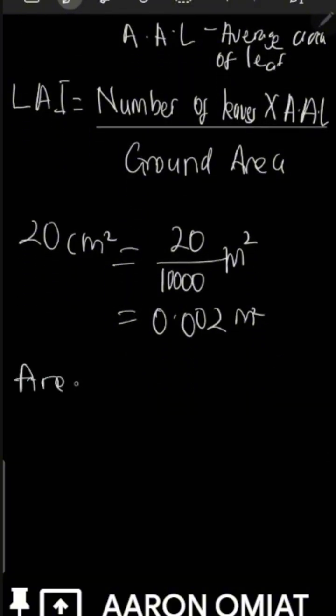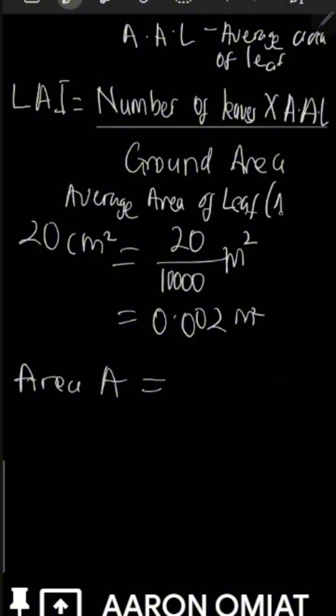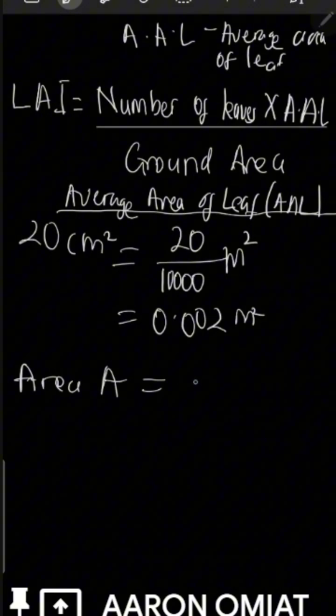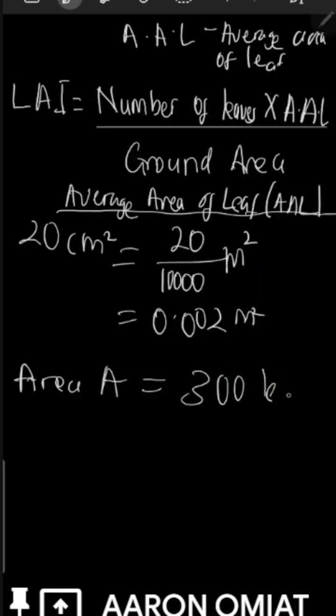So we go to our area. In area A, this is the average area of a leaf, which is the AL in this case. Then we know in area A, there are maybe 300 leaves.